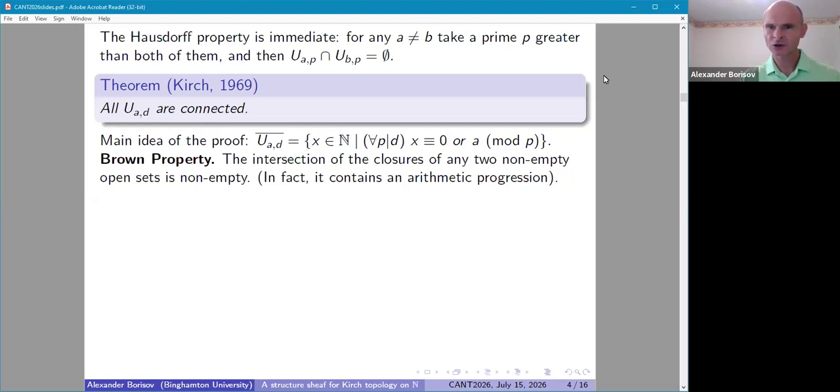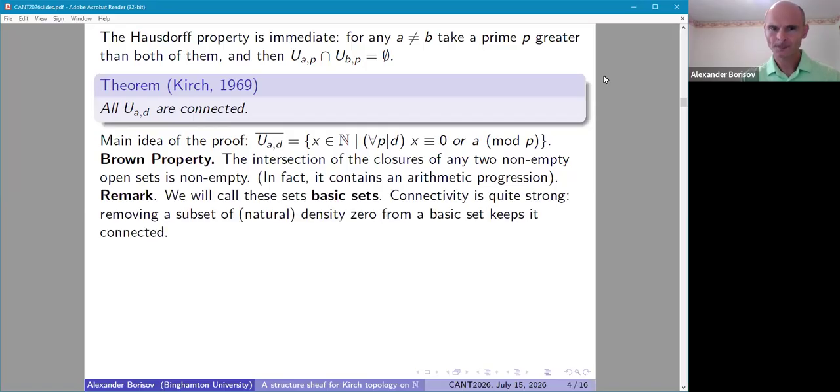The intersection of closures of any two nonempty open sets is nonempty. In fact, it contains an arithmetic progression. I'm going to call these sets the basic sets. And I want to point out connectivity is quite strong. Removing a subset of, say, natural or logarithmic density 0 from a basic set keeps it connected.